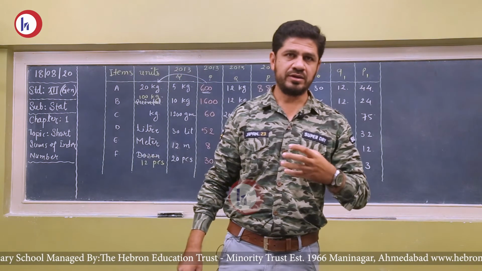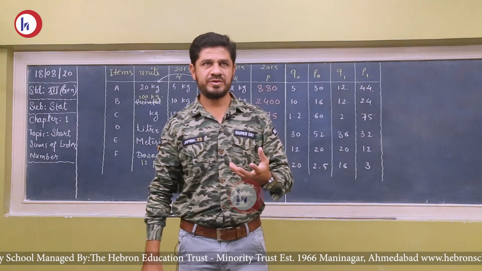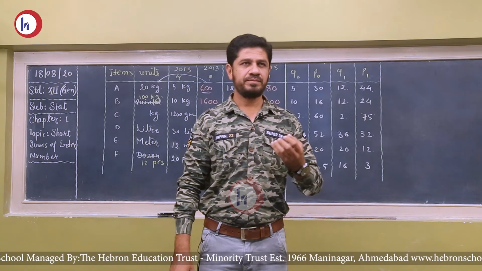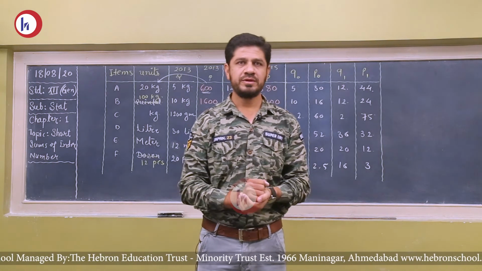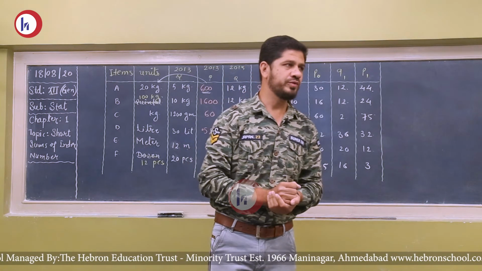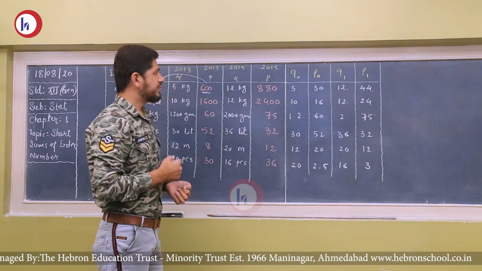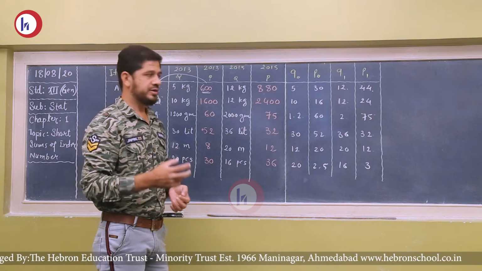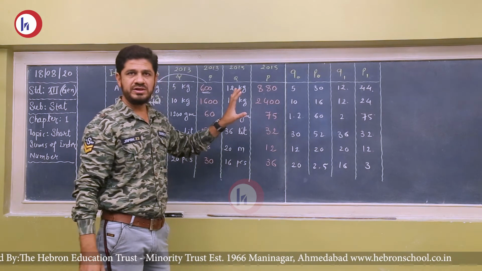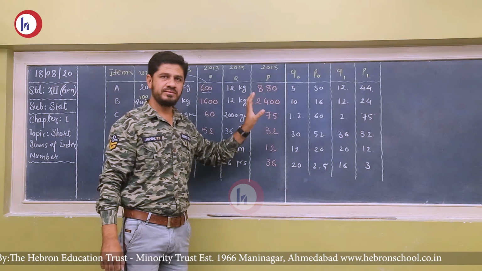Now we will make another 4 columns for last pay and passe. Okay, P1 Q0, P0 Q0, P1 Q1 and P0 Q1. One more thing, students, you need not make the whole table. It is just for your explanation.